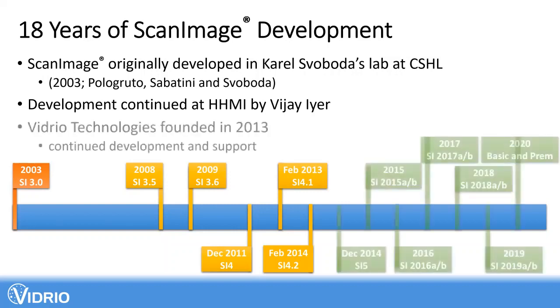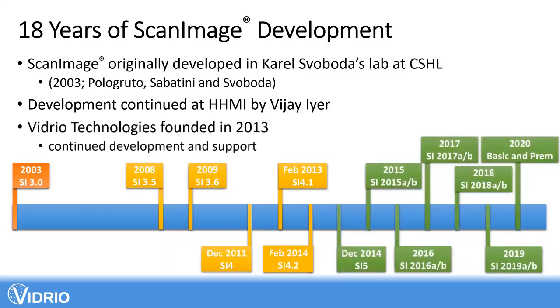So in December of 2014, the first application of ScanImage variety was released that could do both linear and resonant scanning. It was called SI5, and that morphed into a full-featured version where we've had about 2 releases a year since 2015.